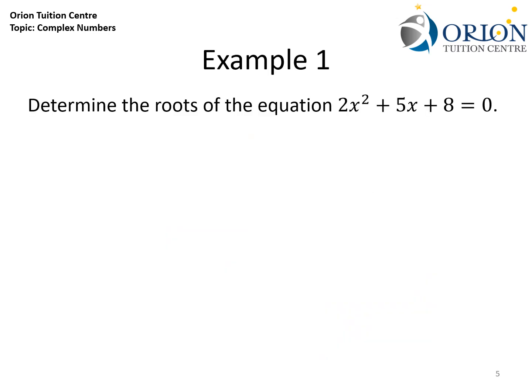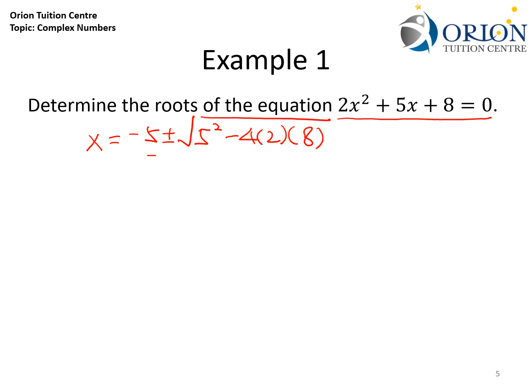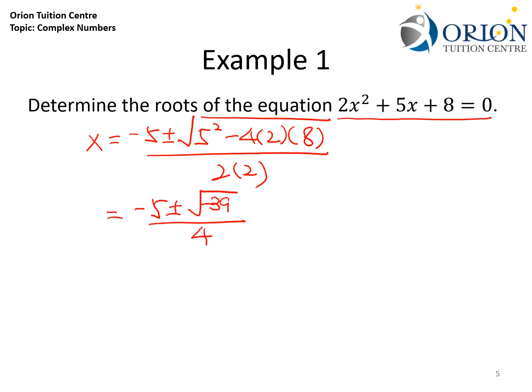In example 1, we need to solve this quadratic equation for the roots. So we can simply apply the quadratic formula. x will be equal to minus 5 plus minus square root of 5 squared minus 4 times 2 times 8, over 2 times 2. So we can simplify the term within the square root first to get minus 5 plus minus square root of negative 39, divided by 4.